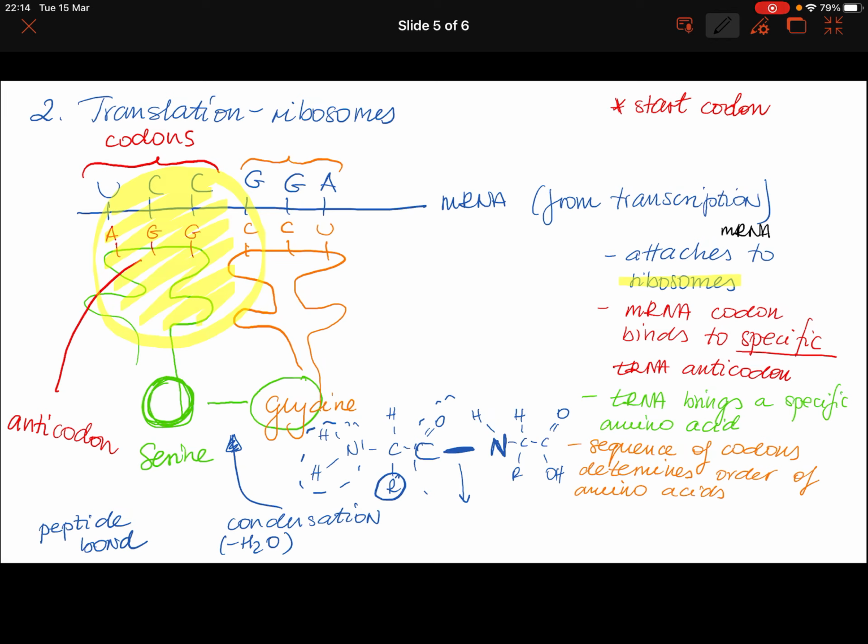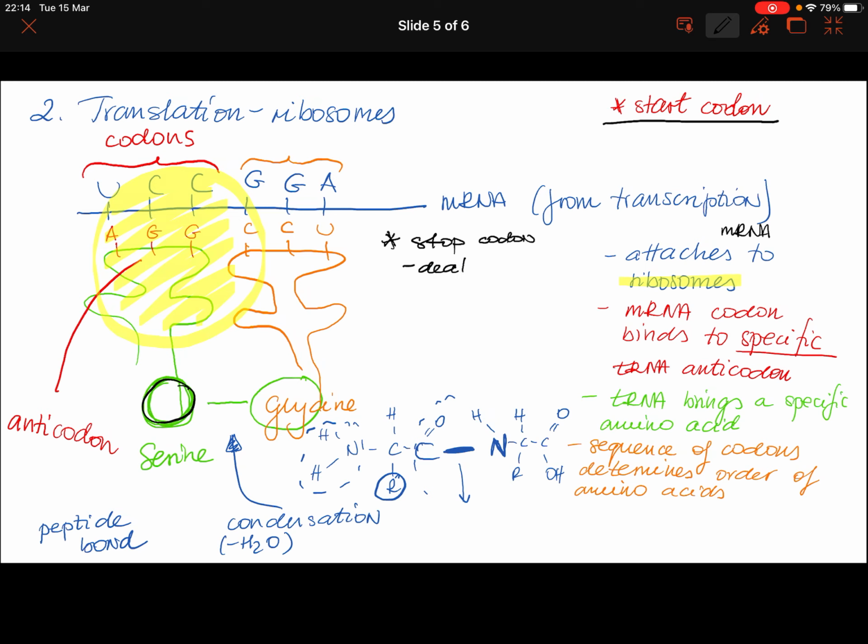Remember, mRNA has codons which have the ability to bind to specific tRNA anticodons. tRNA also has binding sites for the amino acids, hence brings in a specific amino acid. This process starts with the start codon and obviously will finish with a stop codon, which you can locate in the codon table as well.